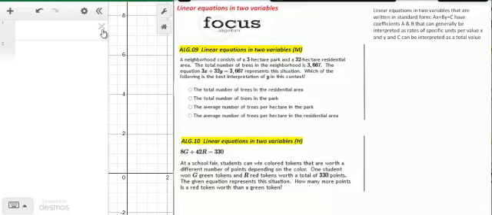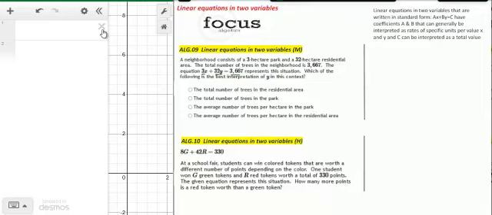Oftentimes the variables will start with the same letter of what they represent, and then the coefficients represent the unit value of each of those. So when you look at a problem like this, even the one up above, 3x's plus 32y's equals this total, it's a matter of interpreting what the coefficient represents.